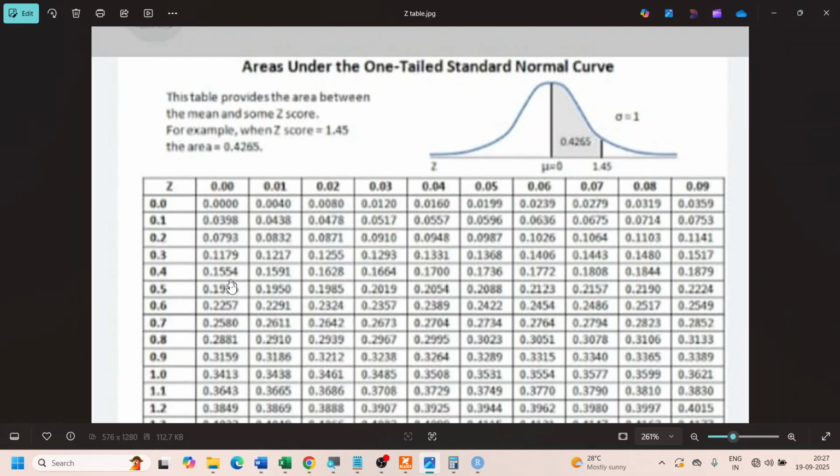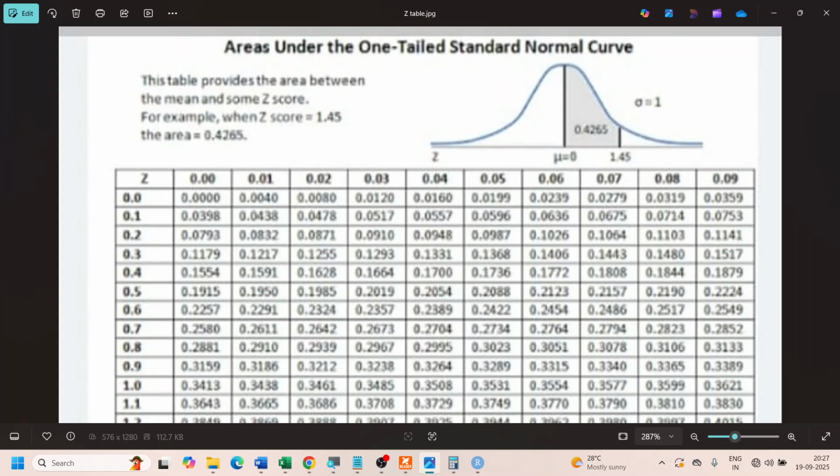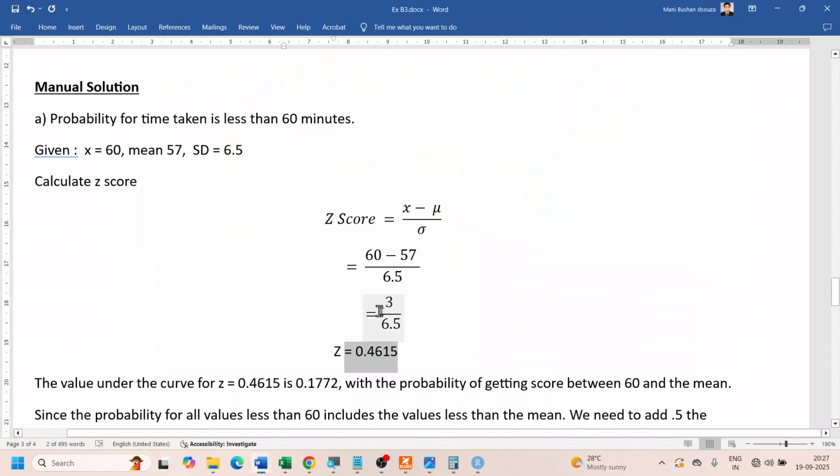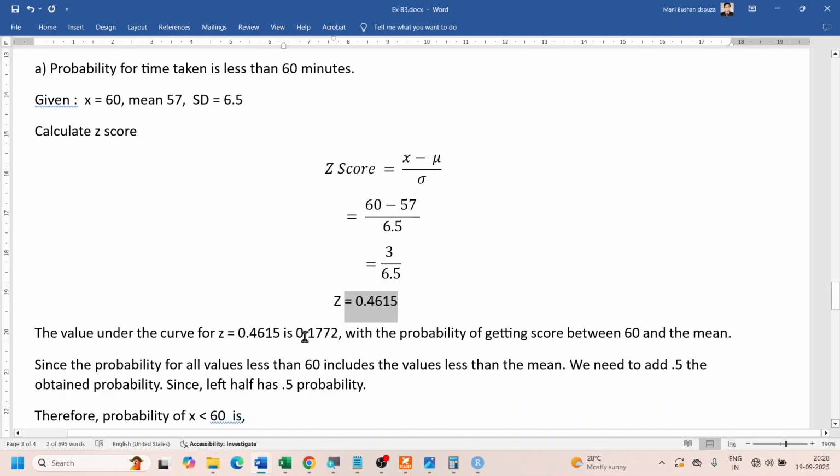So I'm going to go to 0.4, and 0.6 here. 0.4 here is there, and 0.6 here the value is this one, that is 0.1772. Just take this value and put it there. So you get the value as 0.1772. Remember this part, 0.1772.